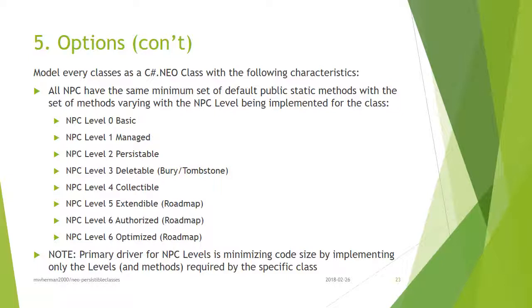And as I mentioned down at the bottom, the primary driver for the NPC levels is minimizing code size by implementing only the levels and corresponding methods you need. There's a required set of basic methods required to implement each level for a specific C# class.